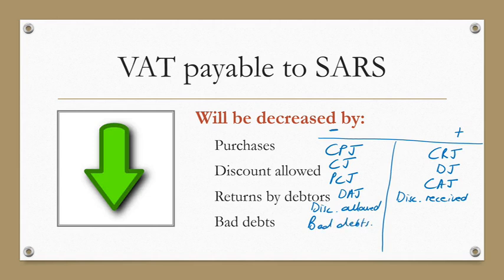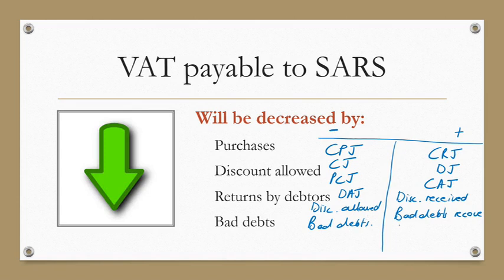But now, with bad debts, we receive a debtor that was previously written off as irrecoverable. We wrote off as bad debt, but now we receive it. So bad debts recovered will increase the amount payable to SARS.